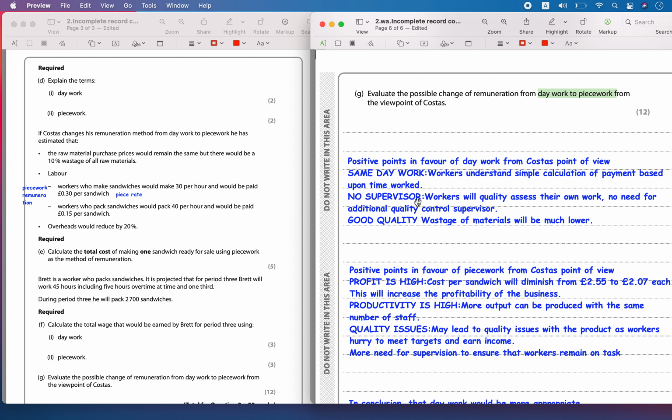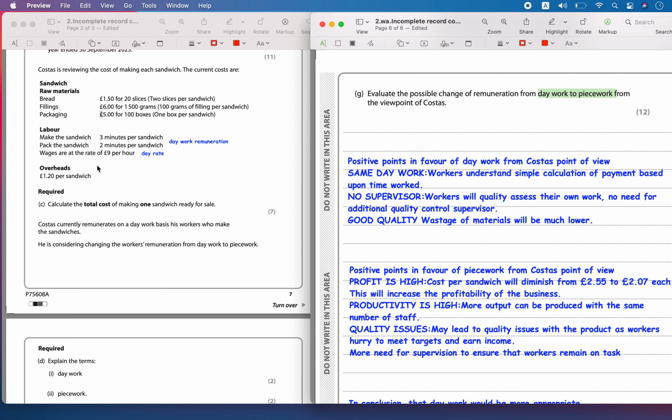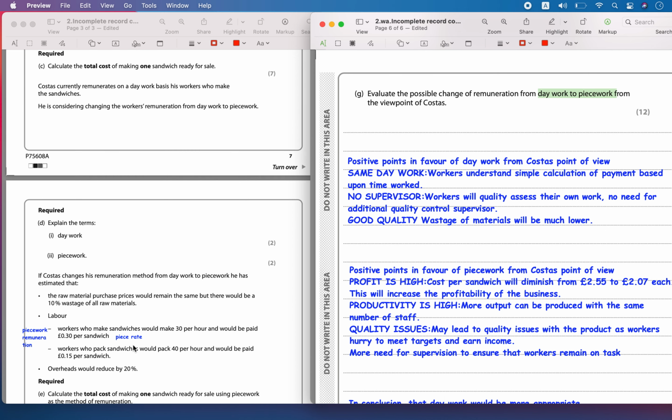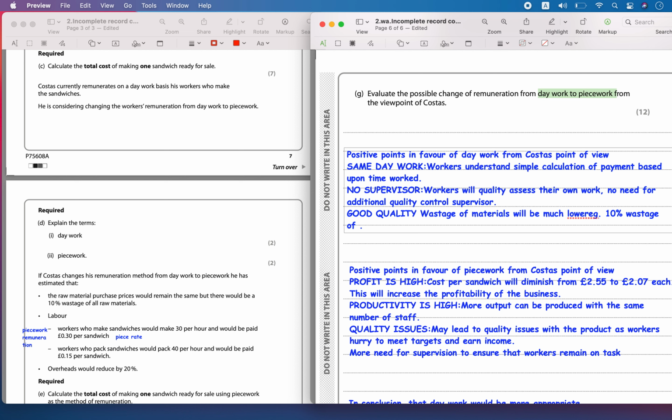And probably good quality, because there is no wastage of raw materials, as we have seen. He had indicated that there is an overhead wastage cost, so that will not happen. Here he says 10% raw material wastage would get reduced, will not be there.